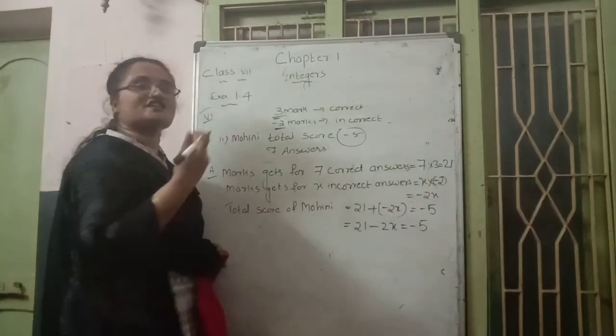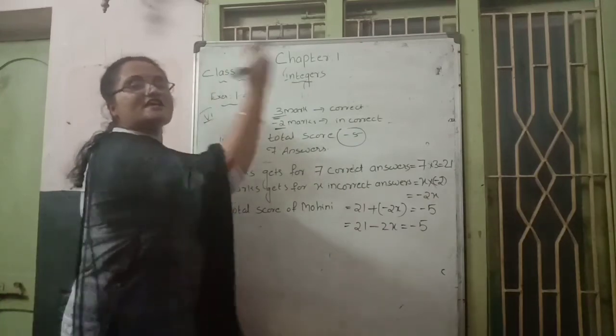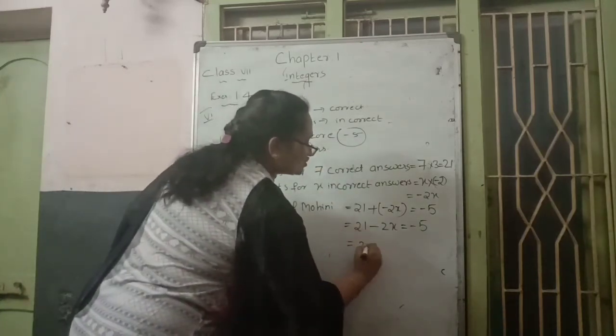We bring the constant terms to one side and the variable terms to the opposite side. So 21 goes to the opposite side, and minus 5 goes to the opposite side, becoming plus 5.